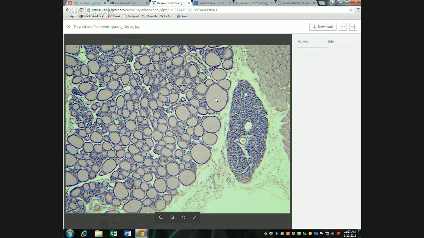Now, the reason why these lipid-rich follicles are present in the thyroid gland is because of thyroid hormones, well, what we refer to as the thyroid hormones, which is only 2 of the 3 hormones that the thyroid gland secretes. They are referred to by abbreviation as T3 and T4. And that's a perfectly good way to refer to it. There's not a T1 or T2.